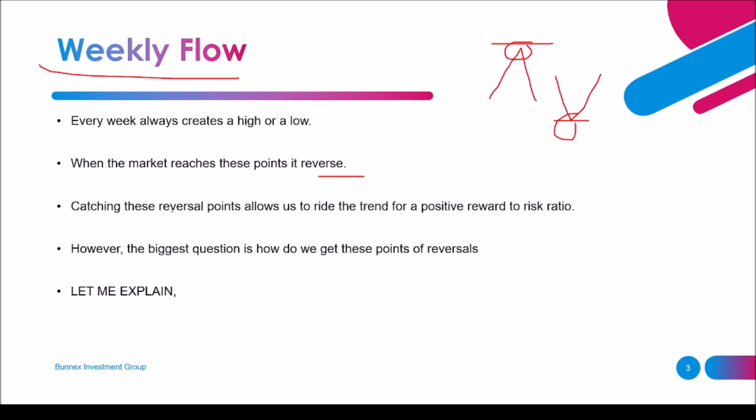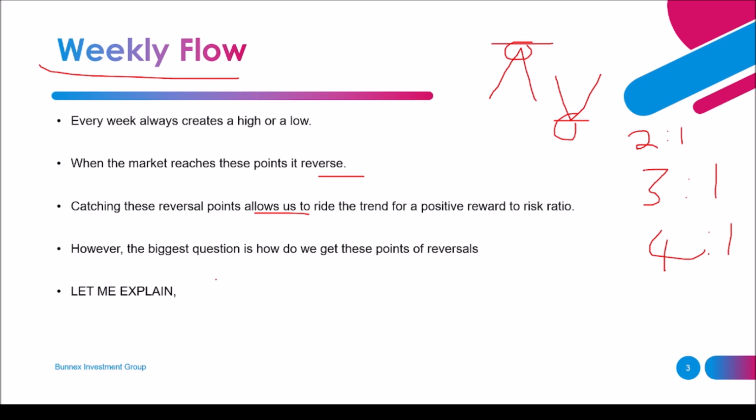Catching these reversal points allows us to ride the trend for a positive reward to risk ratio, meaning that if we make an entry at these particular points, we're definitely going to get a trade that will allow maybe a 2:1, a 3:1, or even a 4:1, depending on where we have made our entry, as we will discuss later in this video.